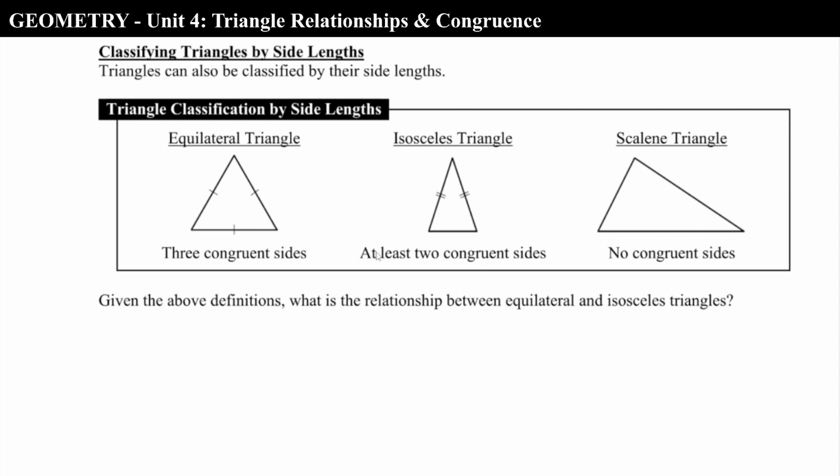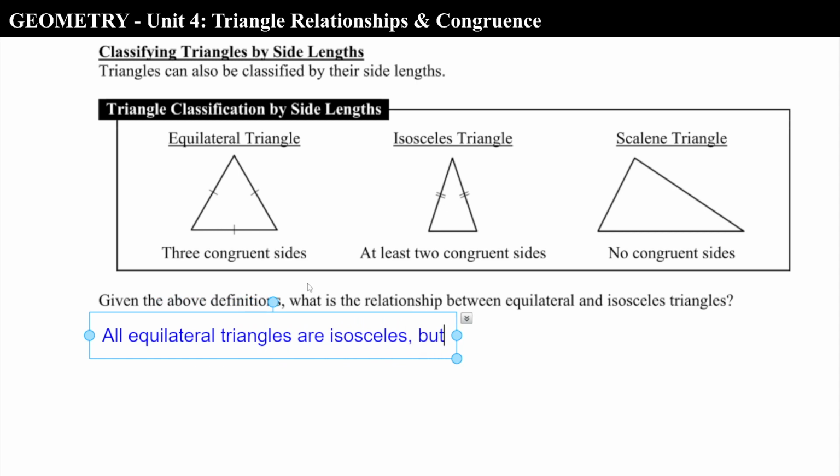It has 2 congruent sides. It just happens that the third one is also congruent. So we can conclude that all equilateral triangles are isosceles.